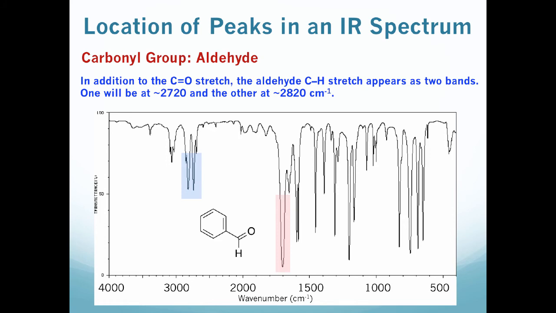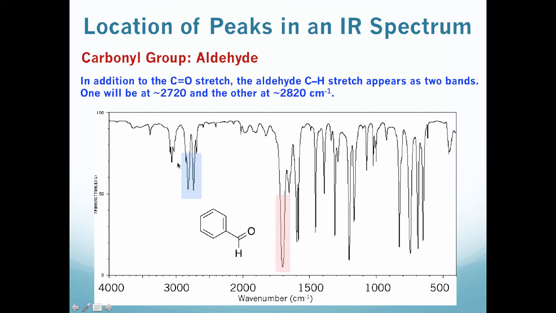Now let's take a look at the aldehyde. Again, the aldehyde carbonyls are usually a little bit higher in stretching frequency than just a ketone, but they're so close it's often hard to discern them. You're going to see the aldehyde stretch again right around 1720 wave numbers. Here is benzaldehyde.